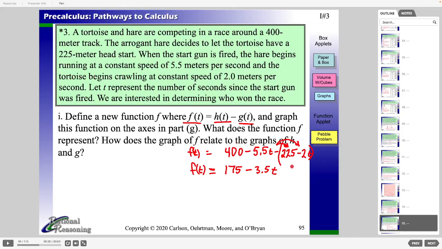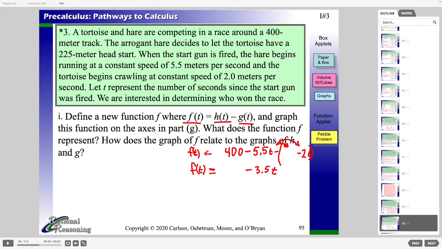Oh, that's where I'm wrong. This 225 is wrong. I had to switch those. Remember the tortoise. Because what I was doing is I was plugging in 0 for t, and I know that at time 0, at the start of the race, the tortoise is 225 ahead.